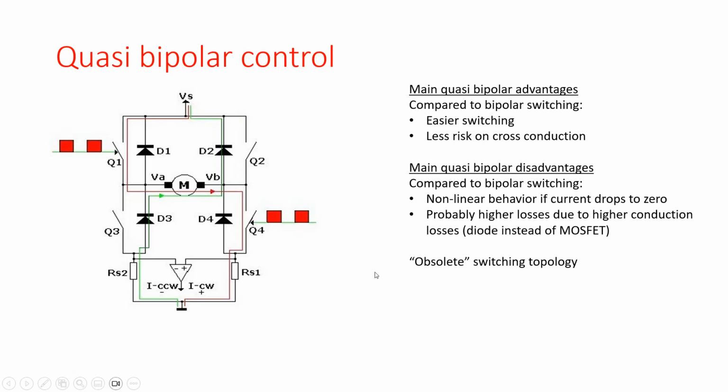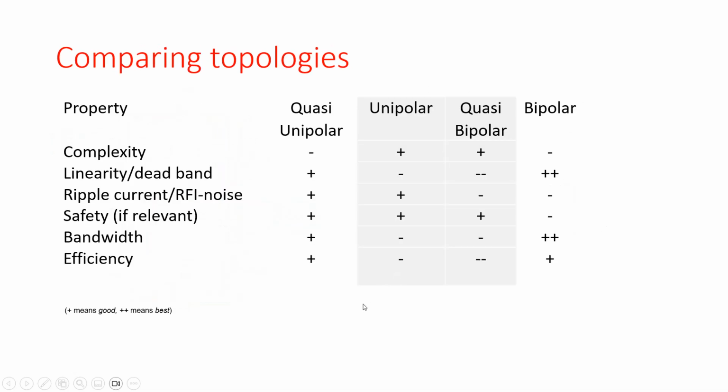So also this topology is more or less obsolete. Comparing all topologies, I've put the main properties over here, and these are the topologies which we discussed. As I said, the unipolar and the quasi-bipolar topologies are more or less obsolete, so let's not compare them anymore, but look at the quasi-unipolar topology and the bipolar topology.